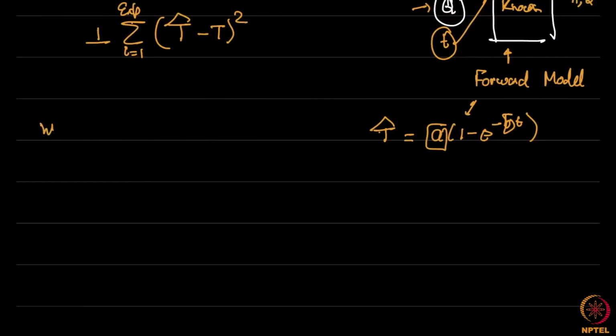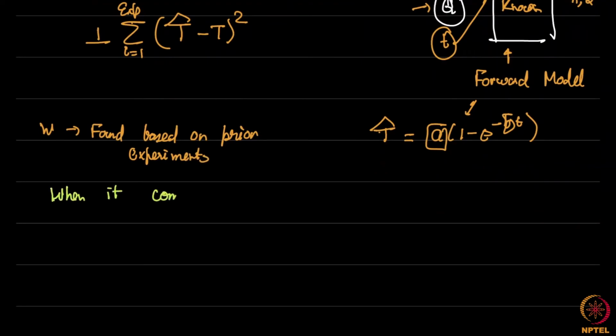So W is found based on prior experiments. By the time it comes to solve the inverse problem, which is for a new given set of data, the only unknowns are H and Q.